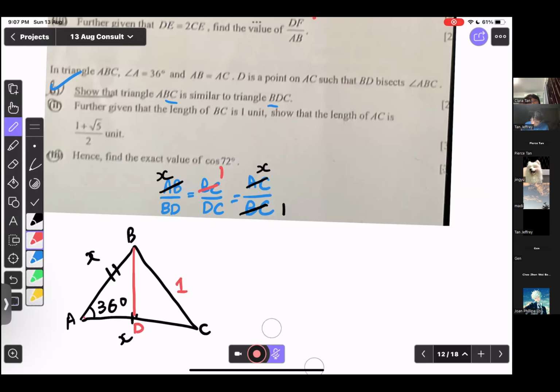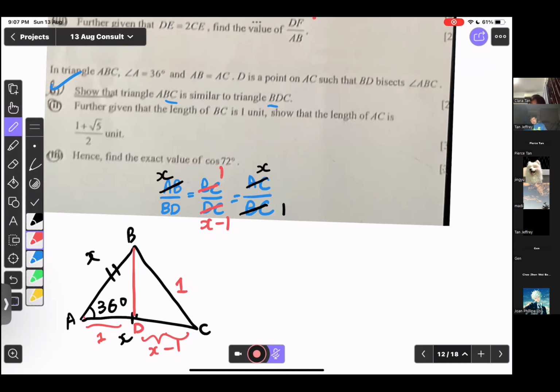Then this one also will be 1 unit. That means this will be X minus 1, since this one is also 1. This one is also X minus 1.